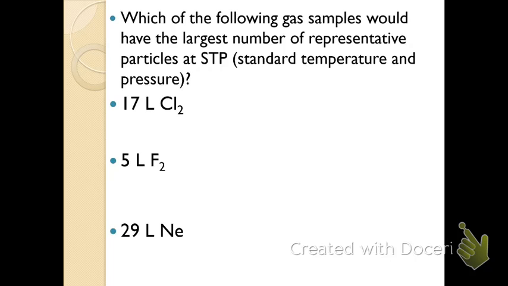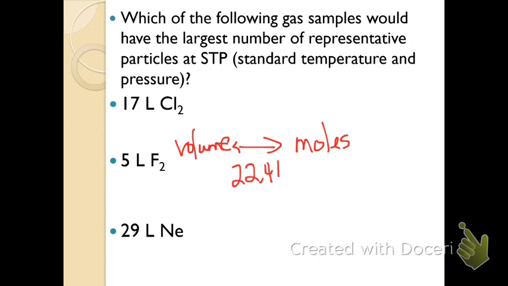Okay, so we are going from liters to particles. We know that moles is in the center. So moles to volume, and we know if we're going from moles to volume, we're using 22.4 liters. And we also know we're dealing with particles, so we're dealing with Avogadro's number of 6.02 E23.